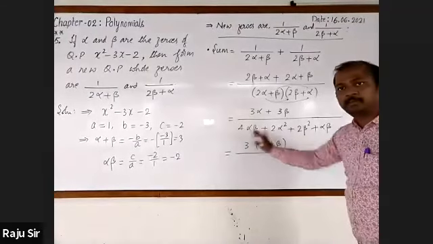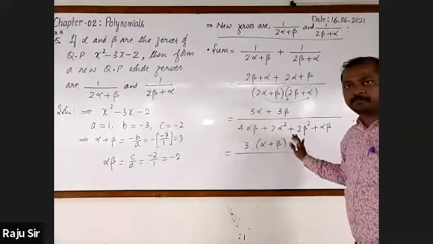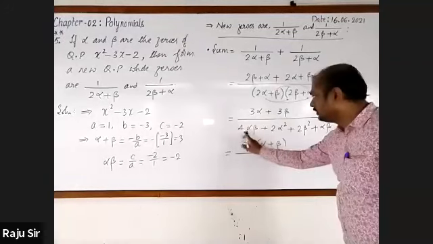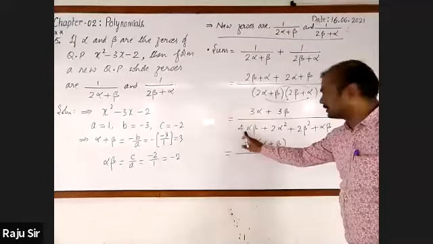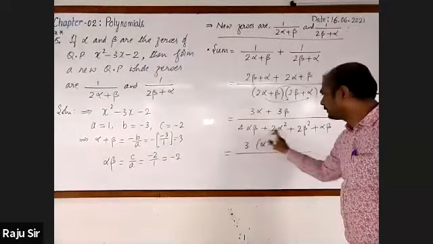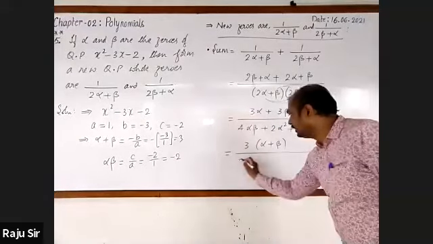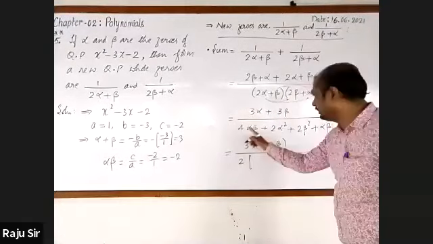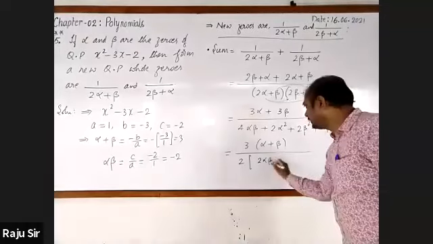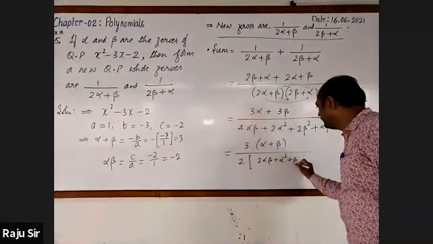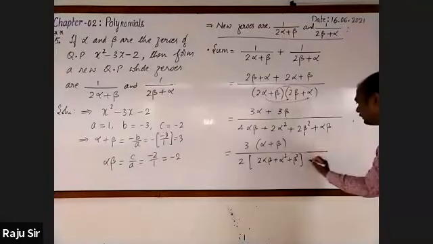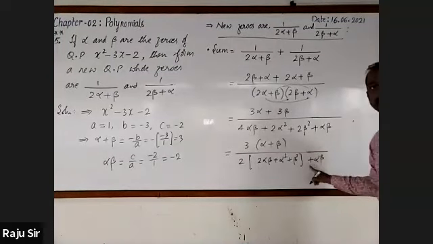That is why I am going to take this in the simplest way. Please don't write, just observe. 4 alpha beta plus 2 alpha square plus 2 beta square. If I take 2 as common factor, it will be 2 into alpha beta plus alpha square plus beta square. Then plus alpha beta can be written separately.